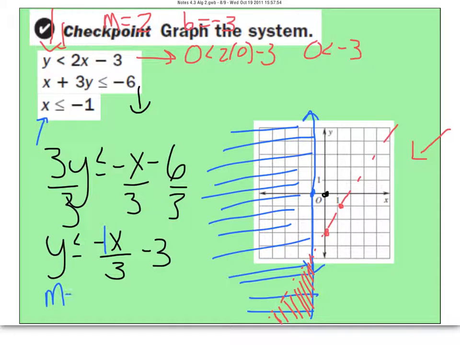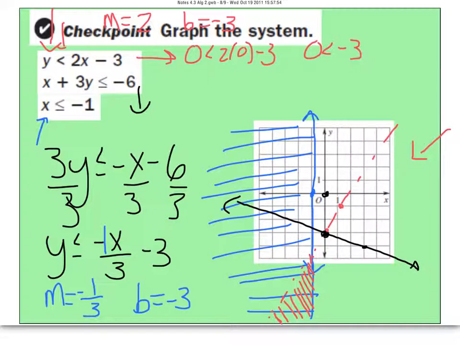So identify the slope, negative 1 over 3. The y-intercept is negative 3. So from negative 3, I'm going to move down 1 to the right 3. And then so now I'm going to get a solid line, connect the dots, check the shading on this one.